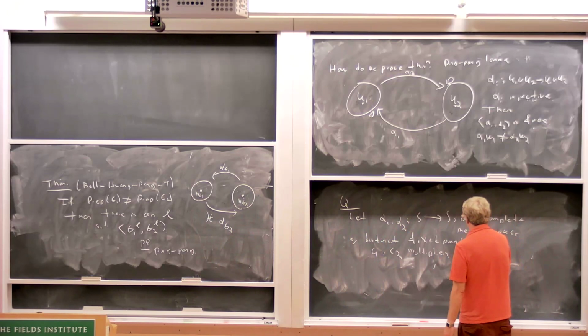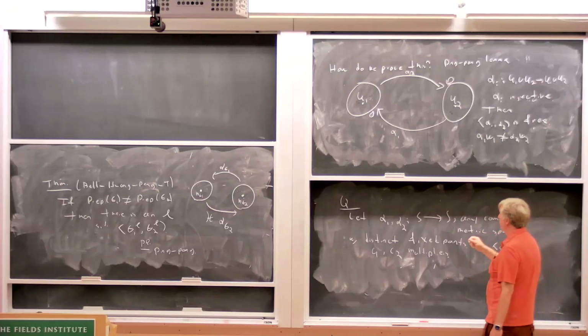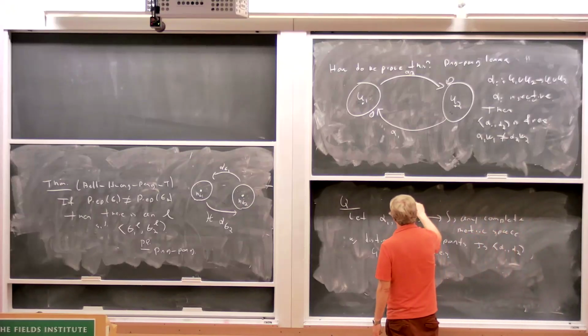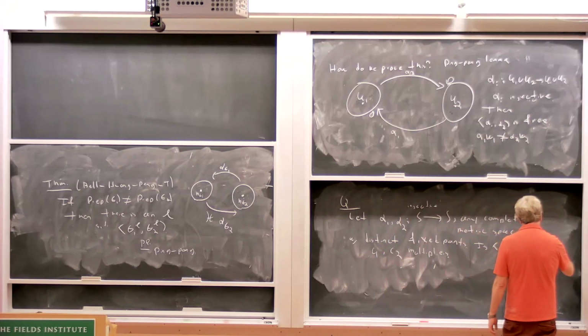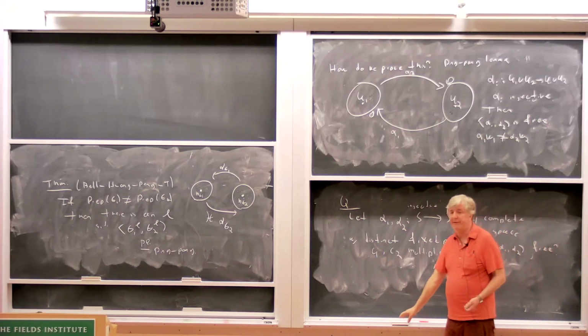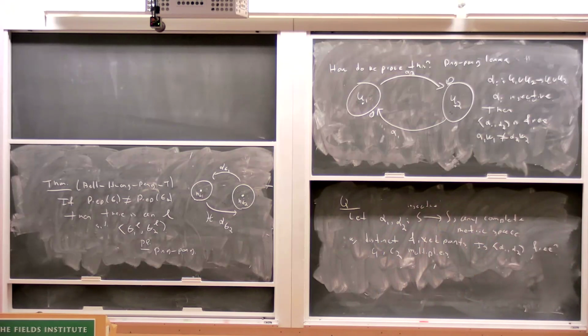Is alpha 1, alpha 2 free necessarily? Let's have them both be injective too. So they're injective. I'll draw a little bit of a picture here for a sec. The answer is it doesn't have to be, no. Let me again draw this picture here.